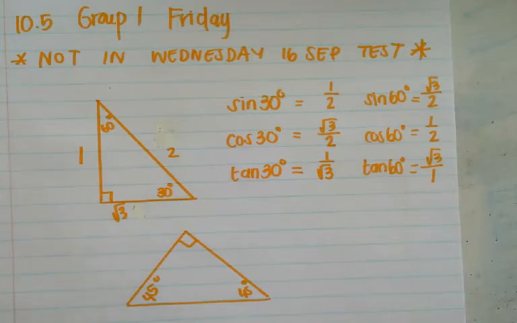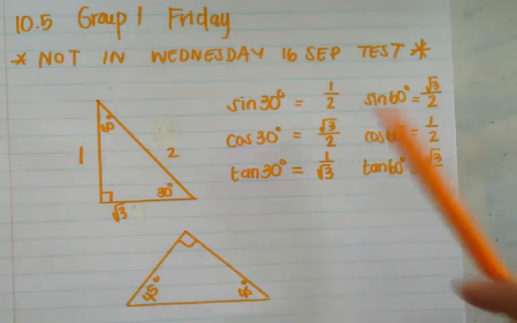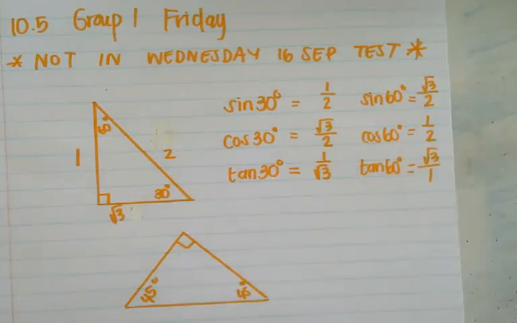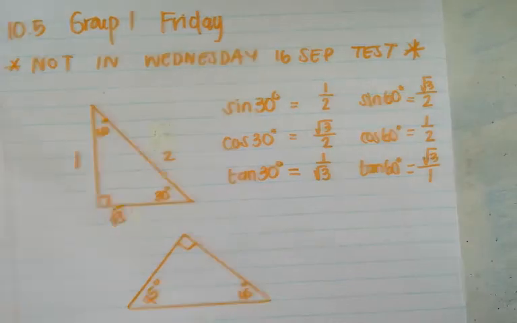We do need you to know how to identify them, and eventually you will know the values, okay? But as long as you can identify them and know that you must change it to the ratios, you can check what the ratios are on the calculator. So if you see a 30 or a 60, you know that is a special angle that has to be converted to one of these values. We'll write a note about that underneath.